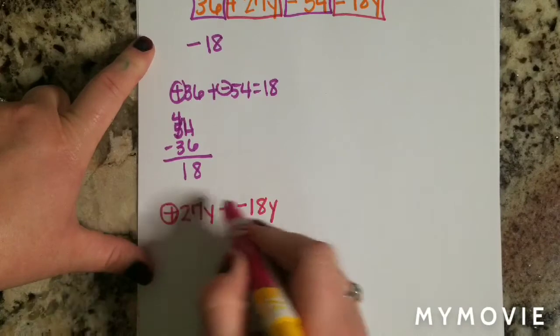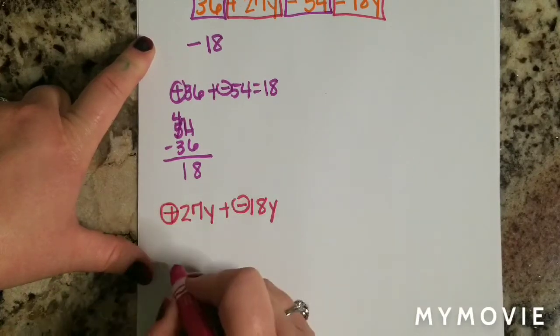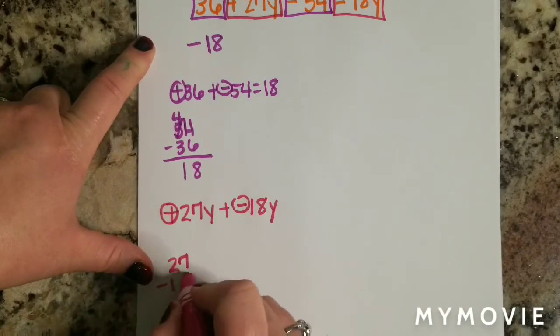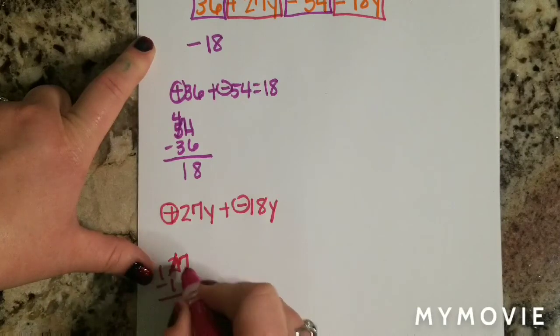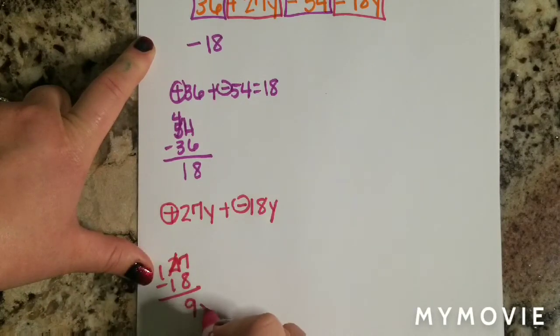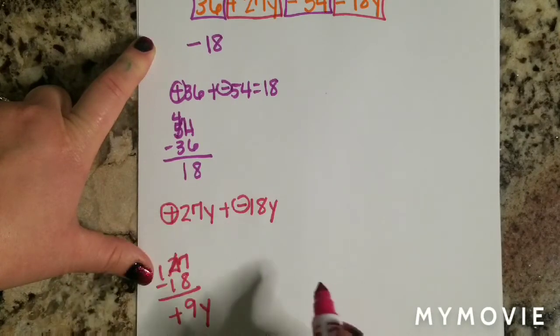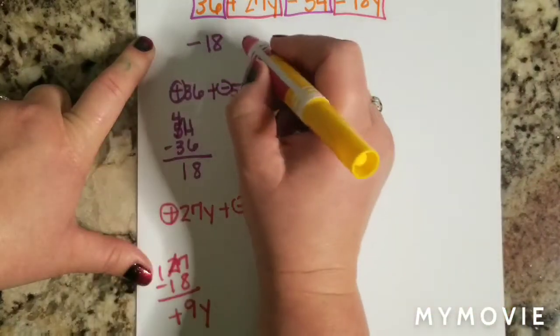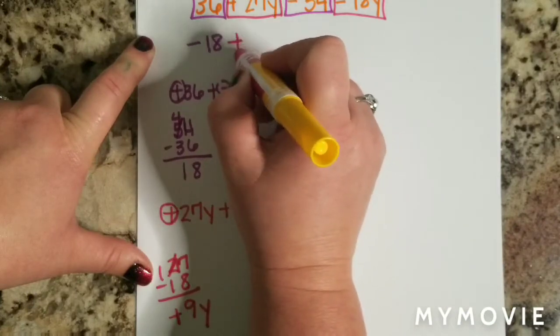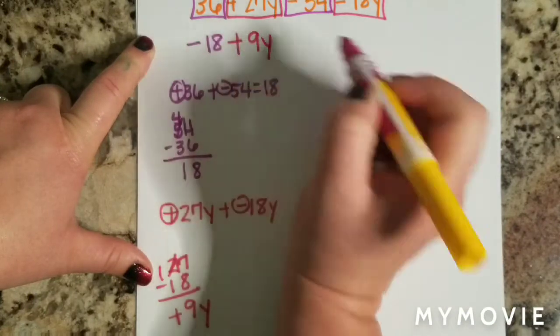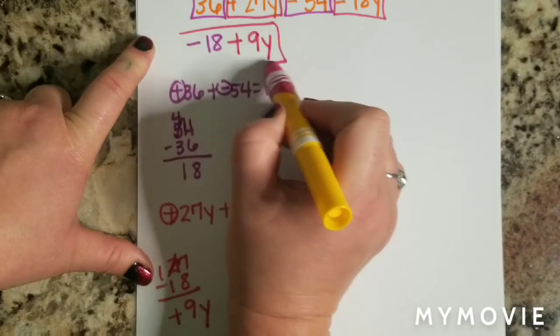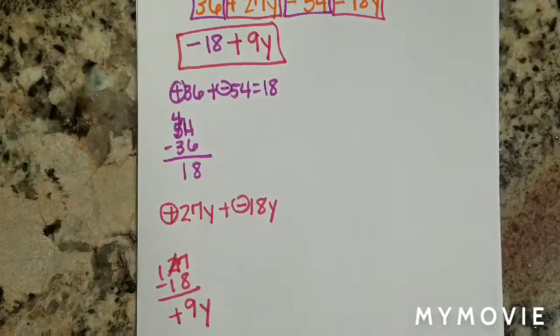My signs are different, which means I'm going to subtract 27 minus 18. And I'm going to get 9. And don't forget the y. Don't forget your largest absolute value is positive. So it would be negative 18 plus 9y. And that is as simplified as we can get on this expression.